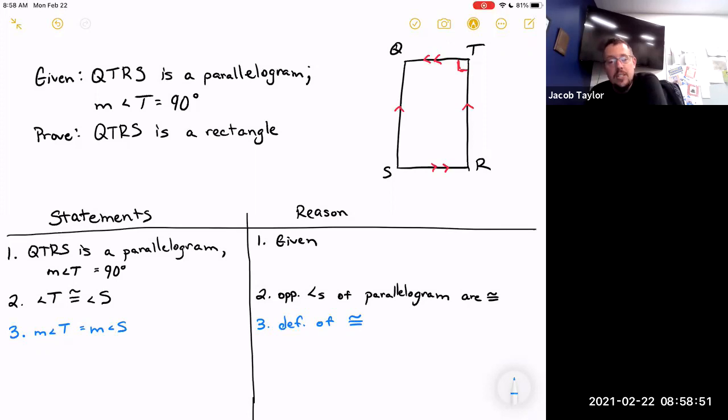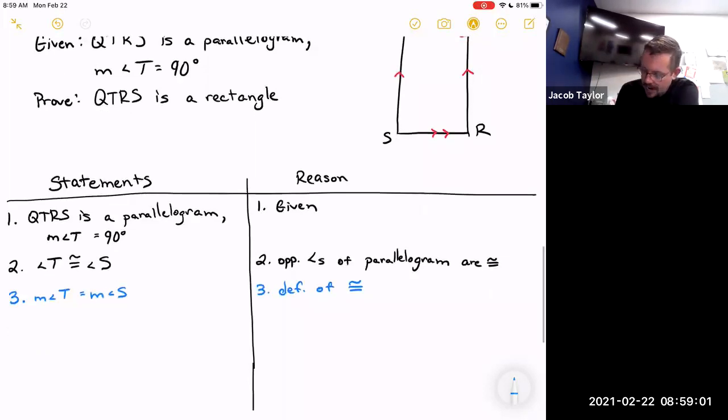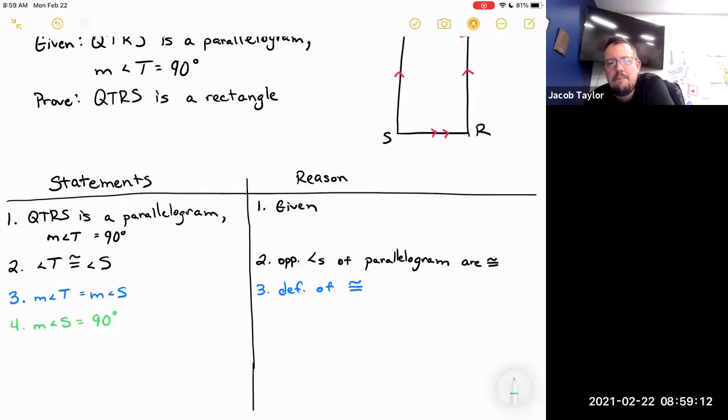Angle T was 90 degrees. That means angle S is also 90 degrees because they're equal to one another. What is the reason I'm going to use for why angle S is 90 degrees? Transitive or supplementary?